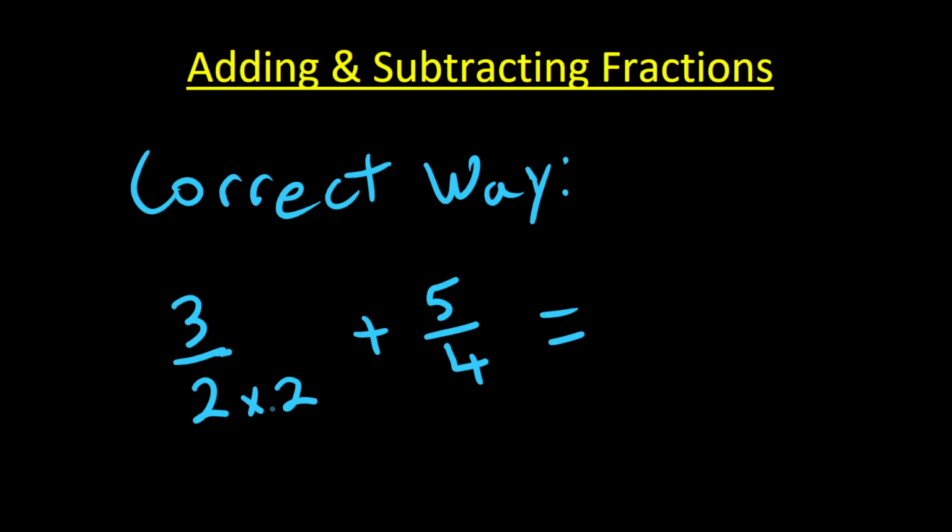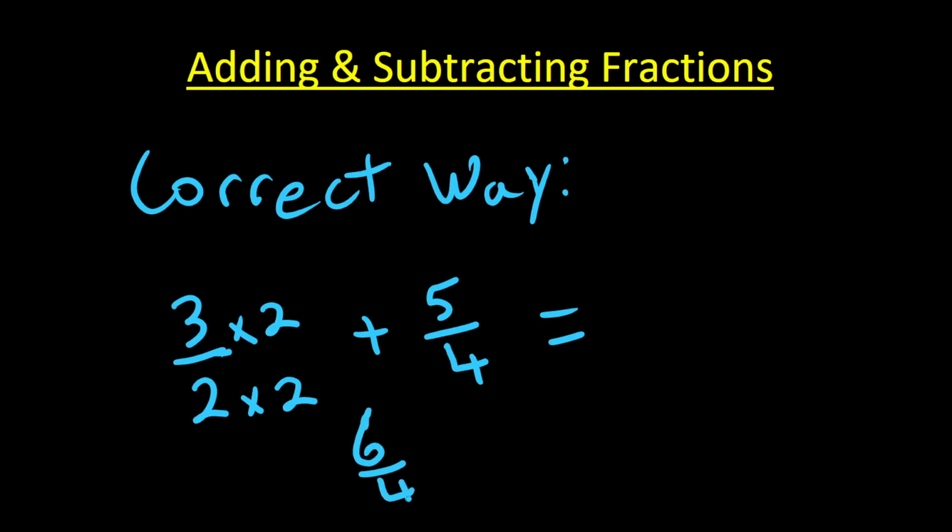But whenever we multiply the denominator, we also have to multiply the numerator by the same amount, times 2. So we multiply the top and bottom by the same number, so that we keep the fraction equivalent. So 3 times 2 is 6, and 2 times 2 is 4. 6 over 4.